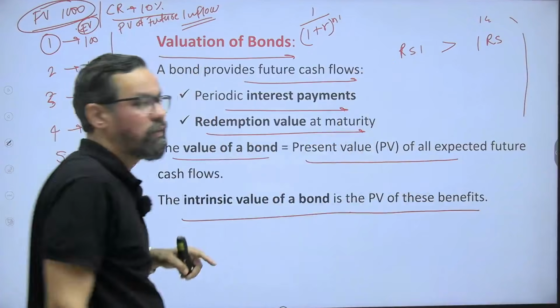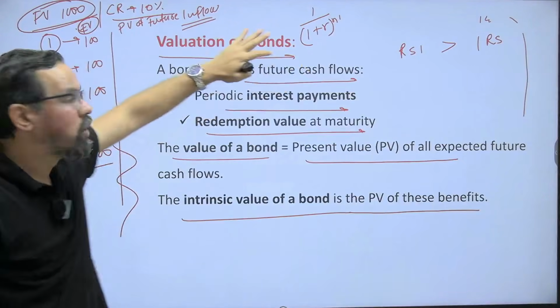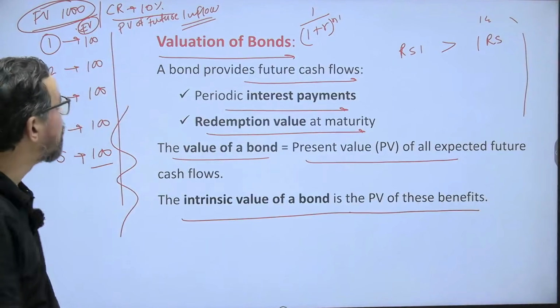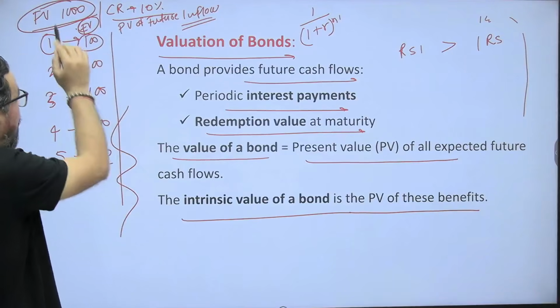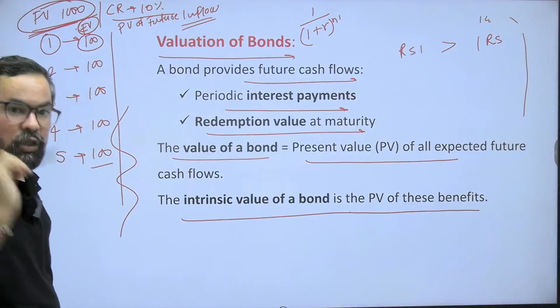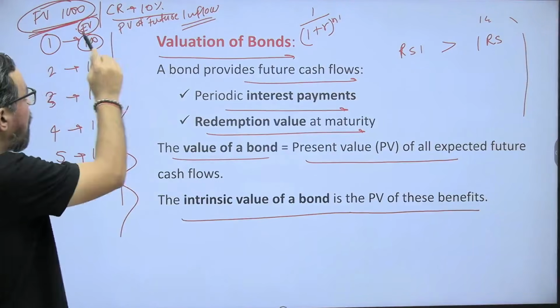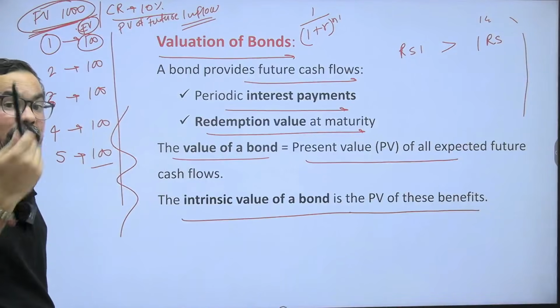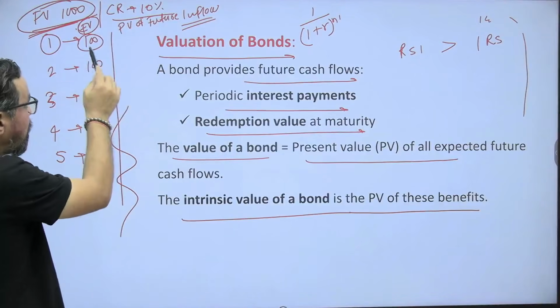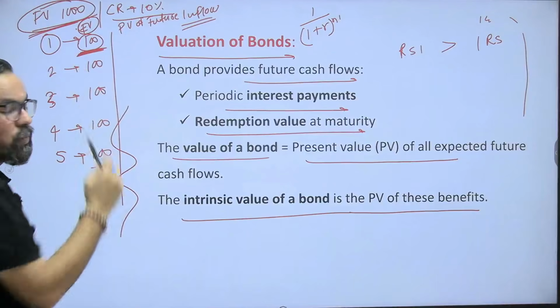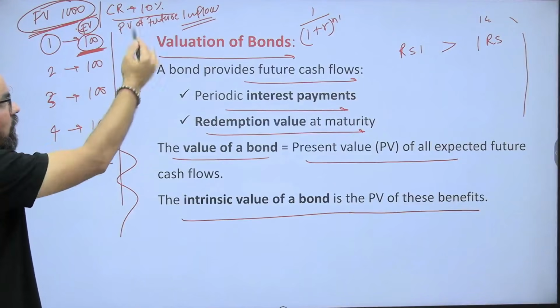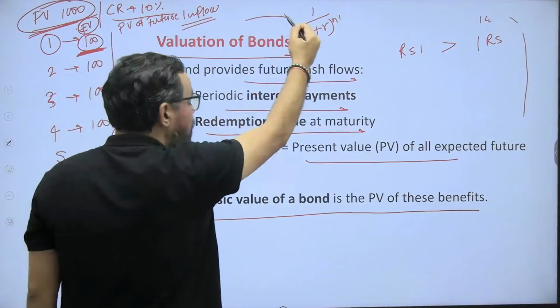With this formula you will get to know the present value of this 100 rupees. So if I'm making an expense of 1,000 rupees today and I'm getting 100 rupees by the end of the first year, I have to calculate the present value. This is the future value. You have to calculate the present value, and this is how you calculate it.